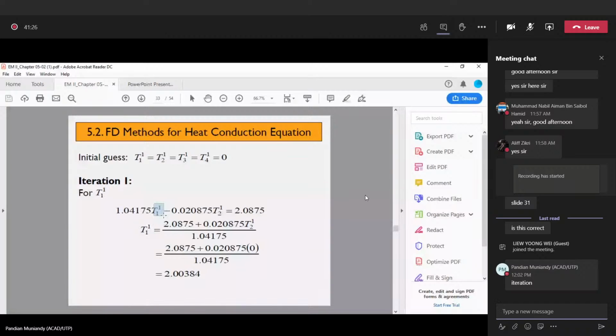So T1 on the left-hand side equals the right-hand side: 2.0875 from the previous equation plus 0.020875 T2, divided by 1.04175. You must remember, this is a 100% numerical computation. It's called a numerical experiment.